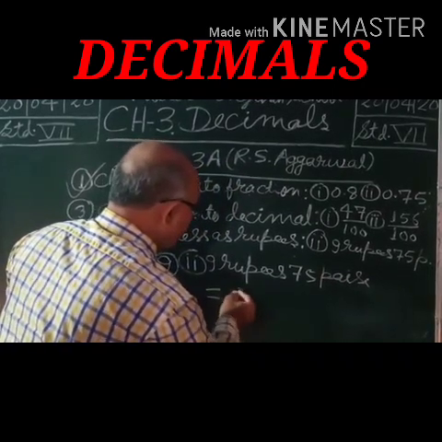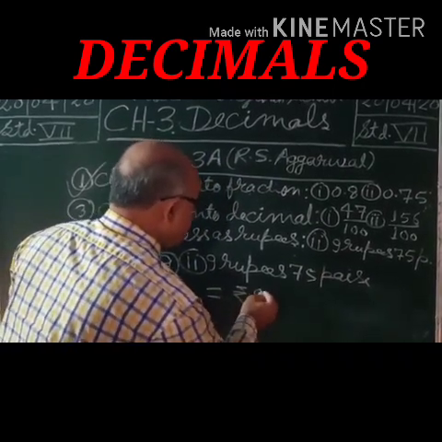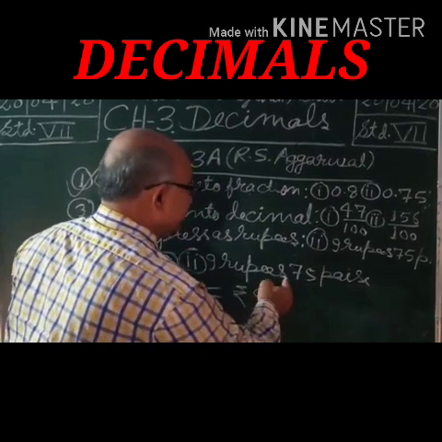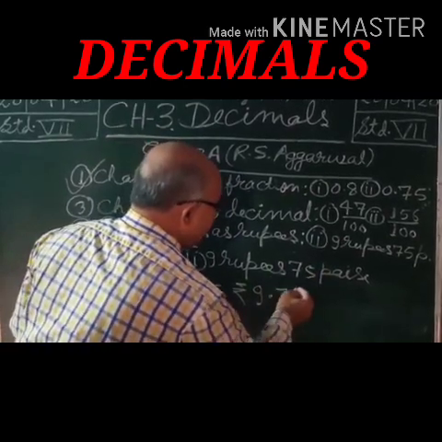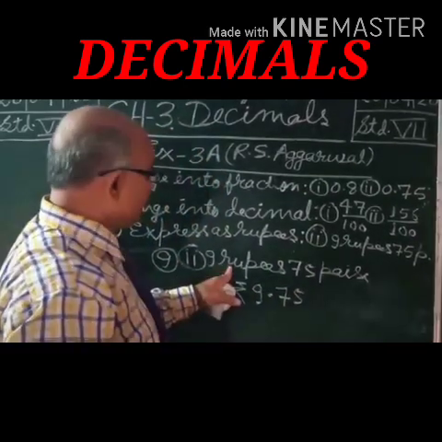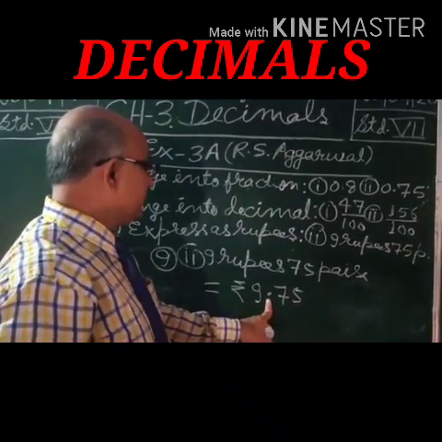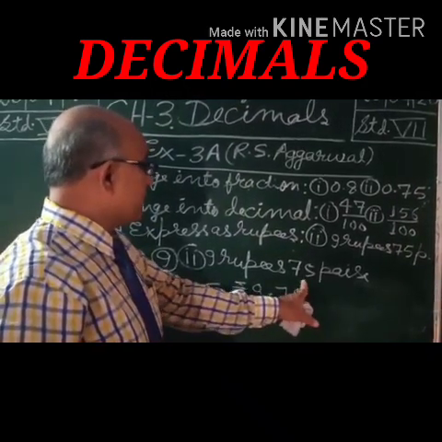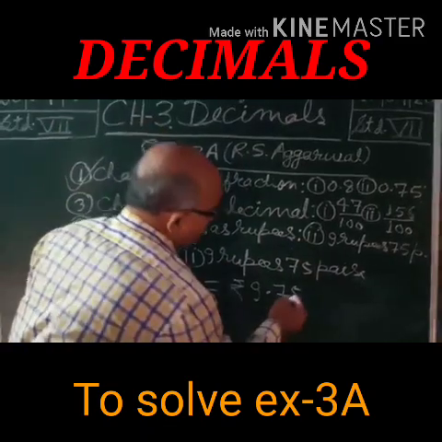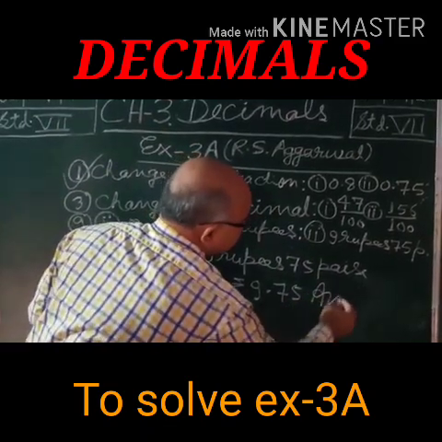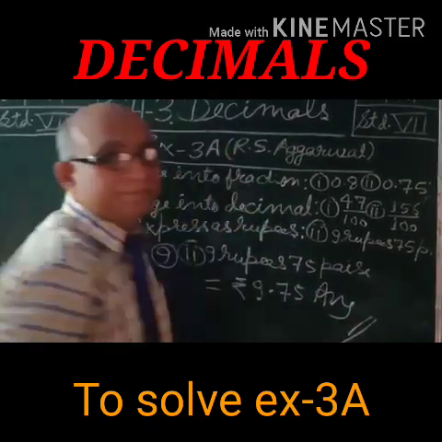So rupees 9.75. Remove rupees, give point, and after decimal write paise 75, and paise also remove. Answer. Write it.